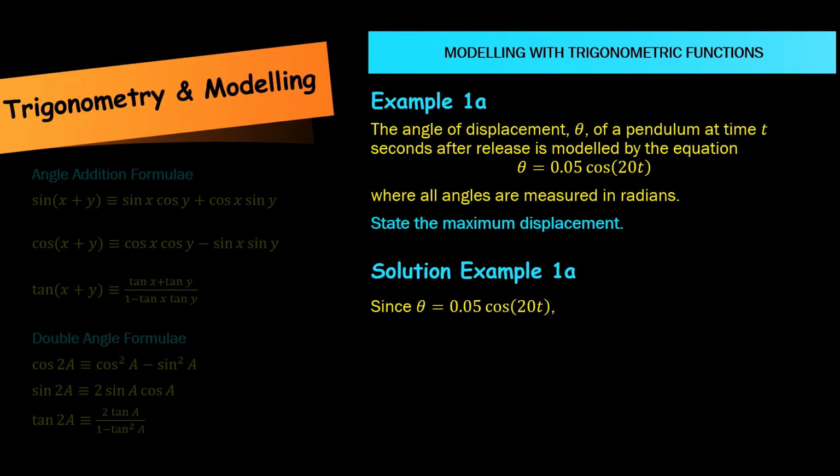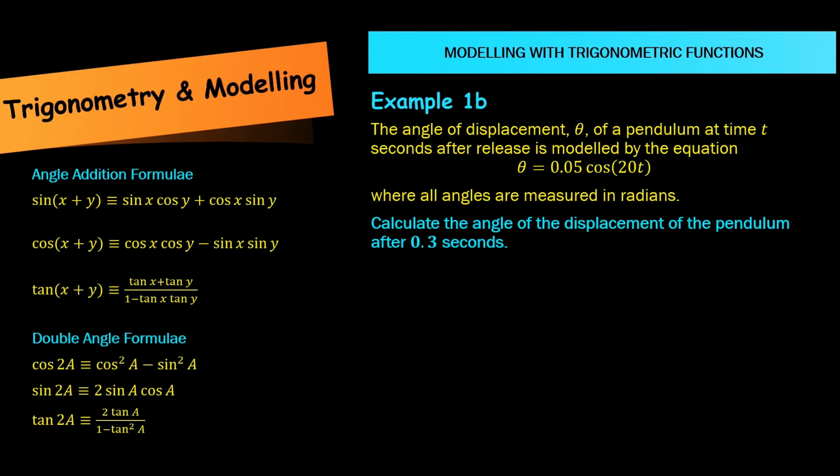Since theta equals 0.05 cos 20t, we have that the maximum displacement is equal to 0.05 times 1, since the maximum value of cos is equal to 1. Therefore, the maximum displacement is equal to 0.05 radians.